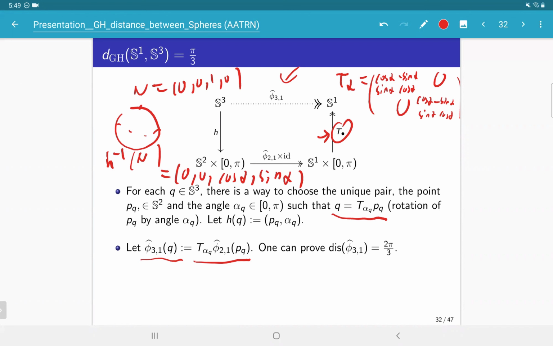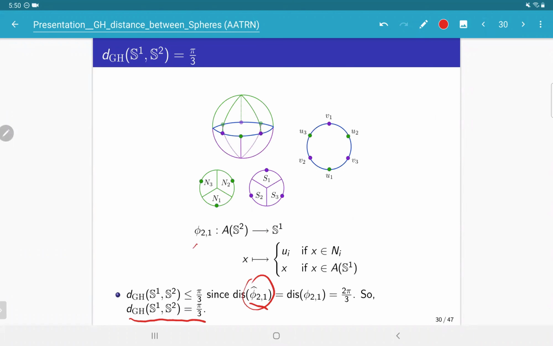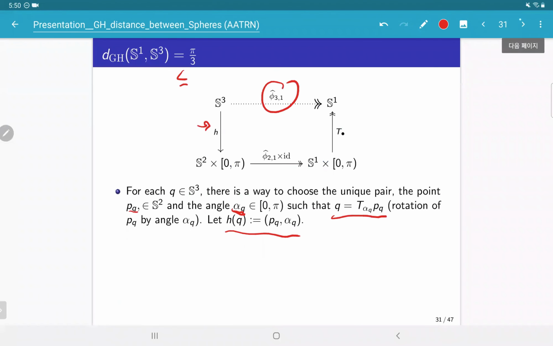We were using specific information that phi 2,1 hat has distortion exactly equal to 2 pi over 3, which we already proved easily.